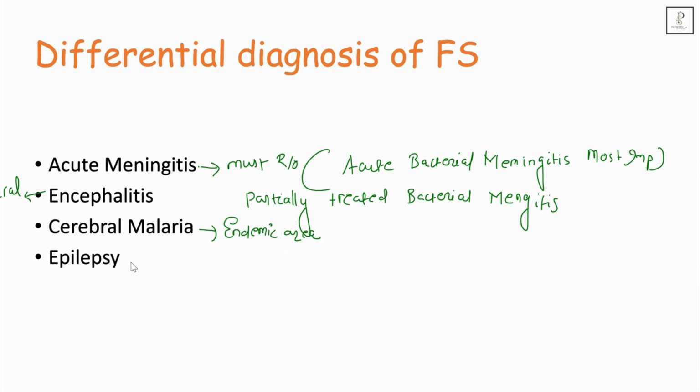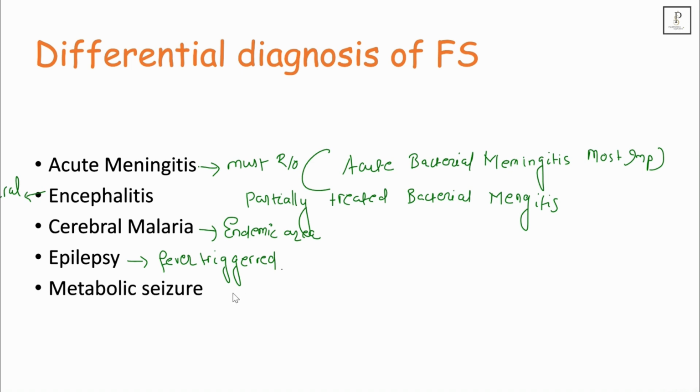Epilepsy. In epilepsy, what will happen? The child will be more prone to develop seizure. So this is called fever triggered seizure. The child will get fever and the child will throw up a seizure. So it is fever triggered seizure in epilepsy. Another differential diagnosis is metabolic seizure. So in metabolic seizure, electrolyte imbalance can cause seizure, right?